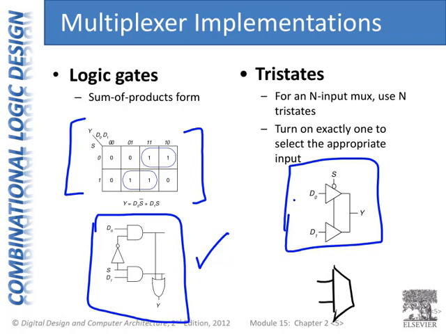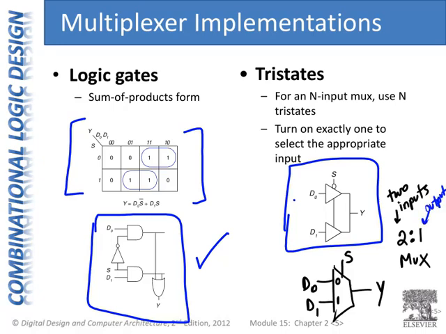We could dive deeper into the abstraction if we needed to, but now we can go to a higher level of abstraction and say we have a select line, D0, D1, and sometimes these are labeled 0, 1, and the output Y. This is called a 2-to-1 mux, because it has 2 inputs and 1 output. We're always going to have 1 output.